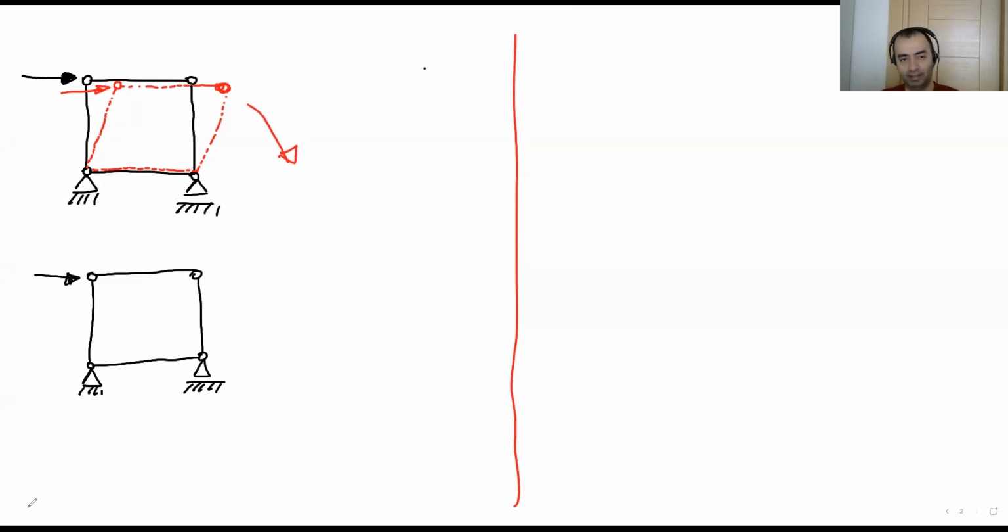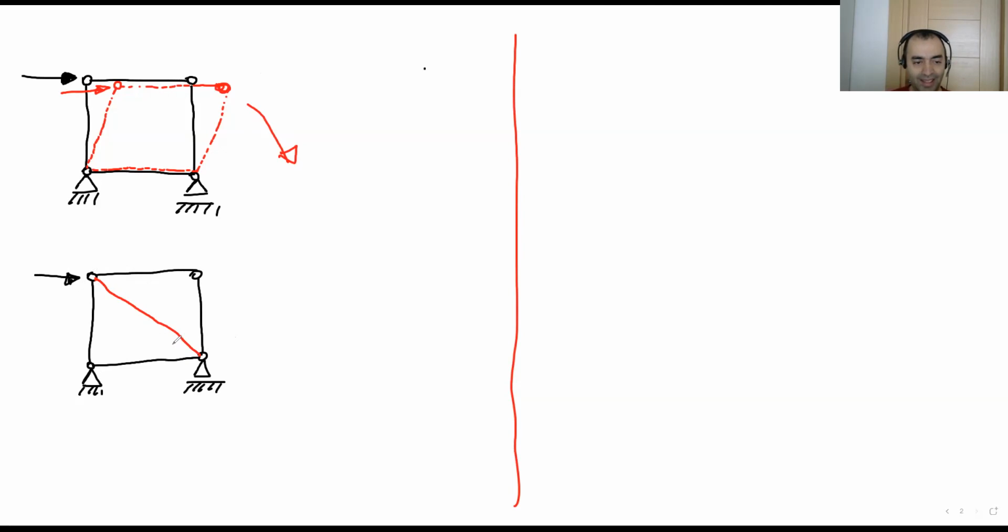If we divide this rectangle into triangles, if we add this red member here, what do you think? Does it work? Yes, it works. Now the system doesn't get this diamond shape. It's gonna stay as a rectangle under this loading because of this extra member.